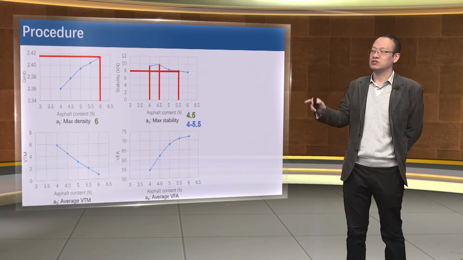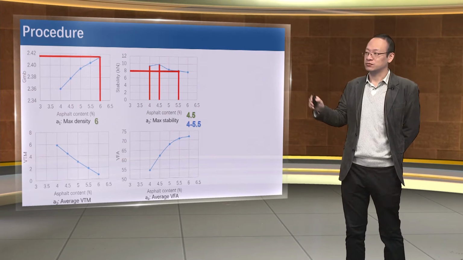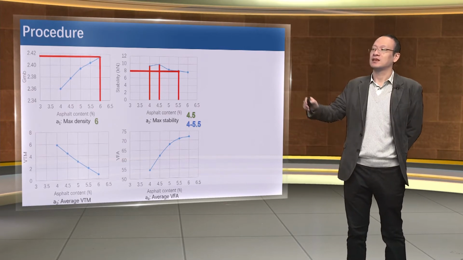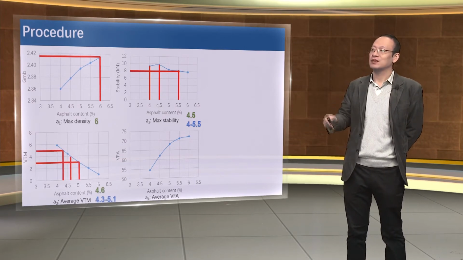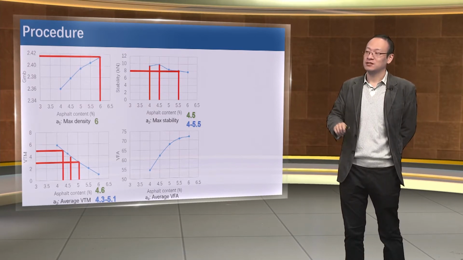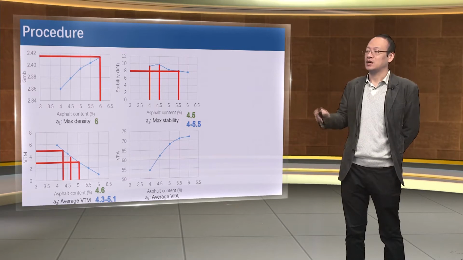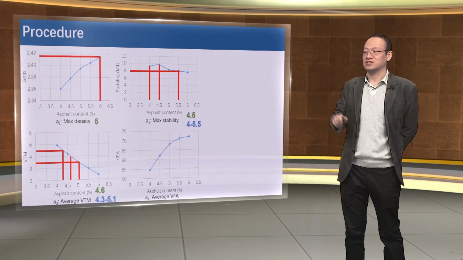So the range for asphalt content is from 4 to 5.5. And for the VTM, we want the VTM between 3 and 5, and the range of asphalt content is from 4.3 to 5.1. And the asphalt content corresponding to the average VTM, which is 4% air voids, is 4.6.